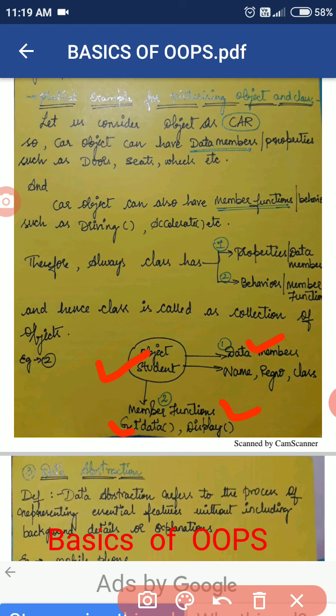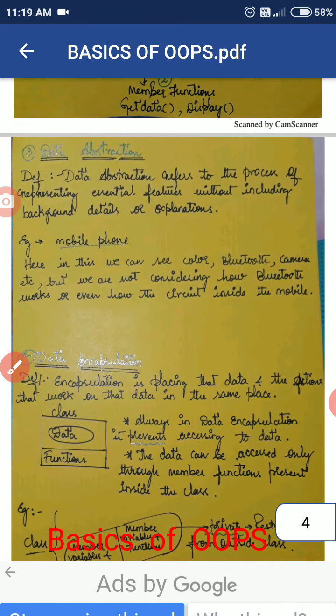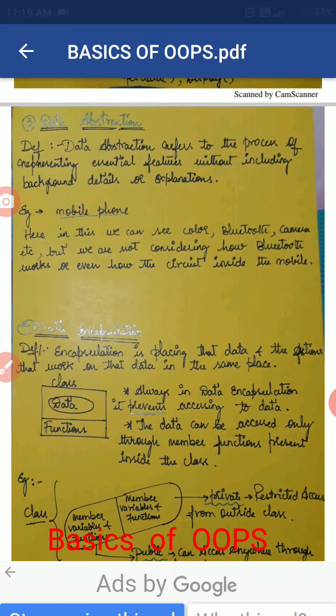So next we will move on to the next programming element, that is data abstraction. Abstraction in the sense is that we are only giving a restriction for the particular thing.